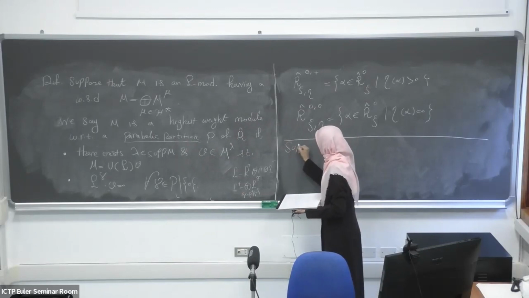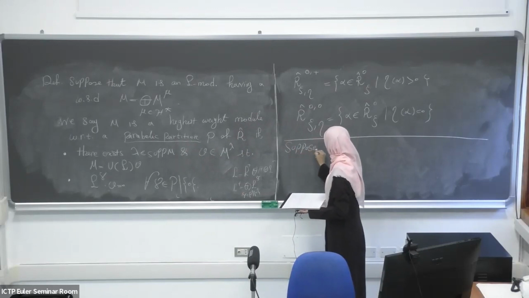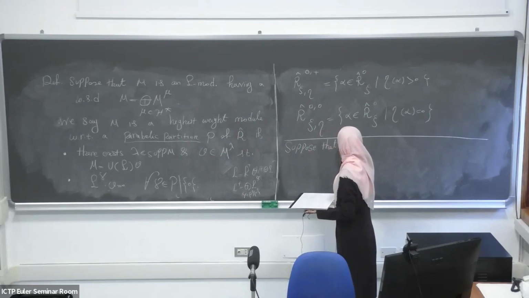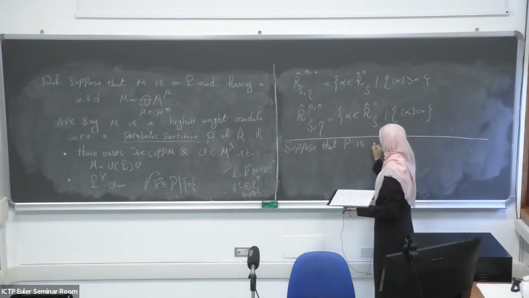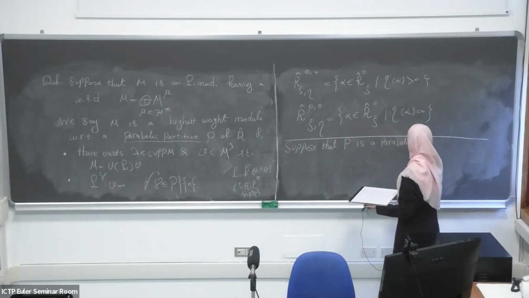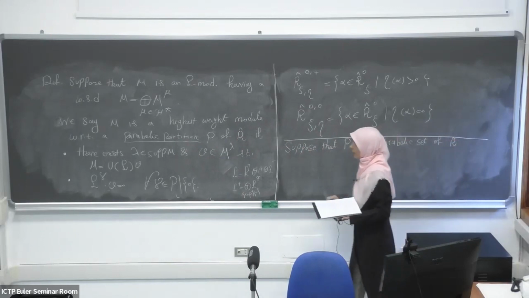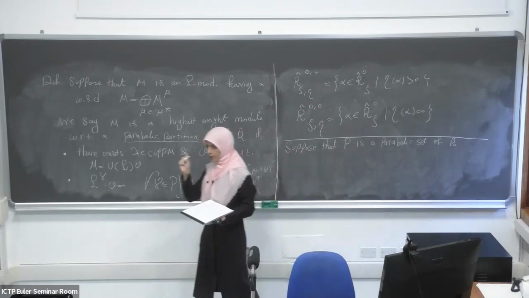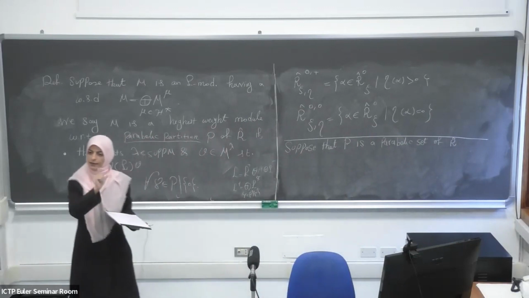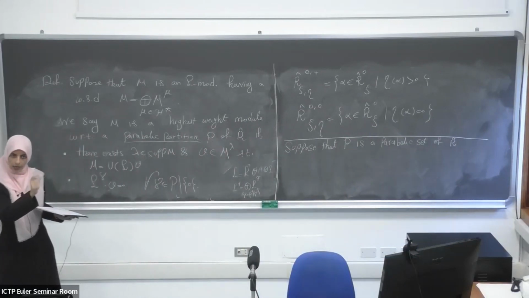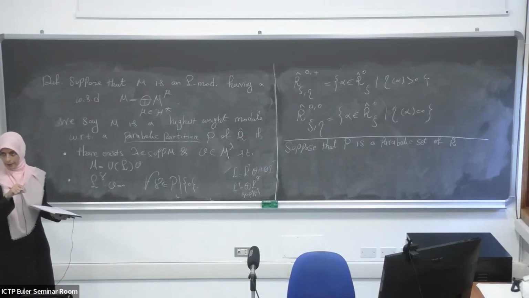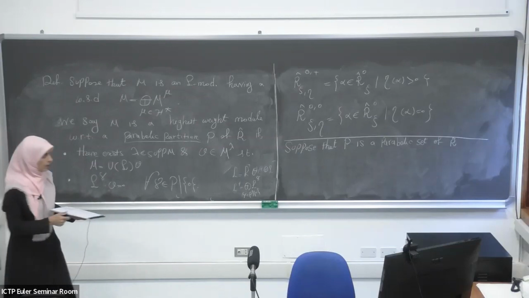Suppose that P is a parabolic set of R hat. So, what was the difference between a parabolic set and a parabolic partition? The intersection of P and minus P is 0 in a parabolic partition, but in a parabolic set, we don't have this condition.